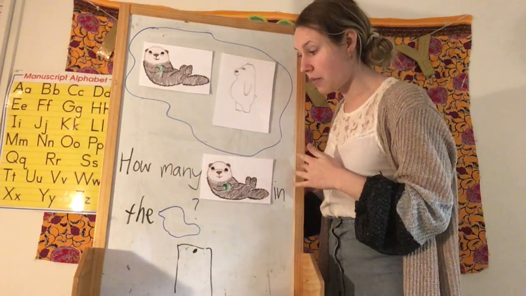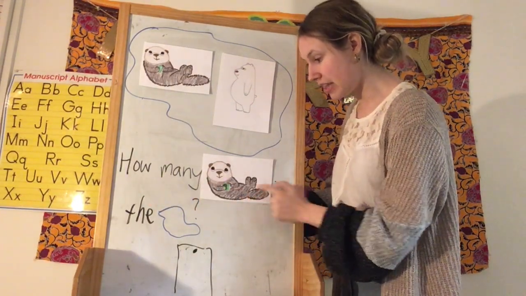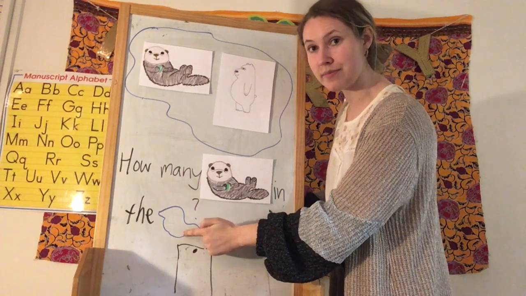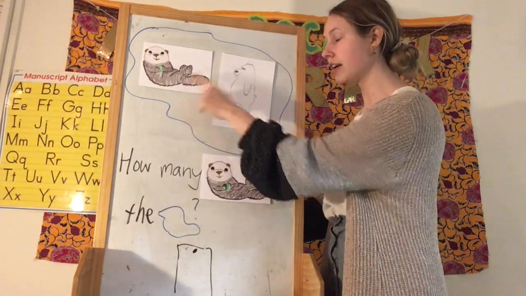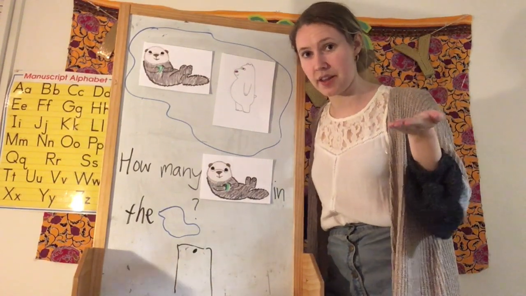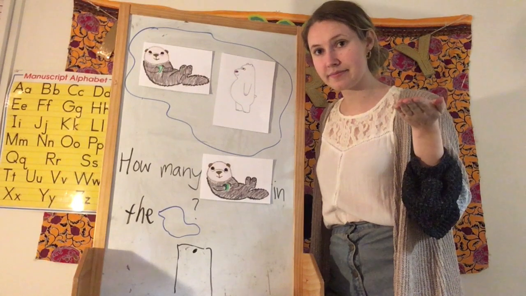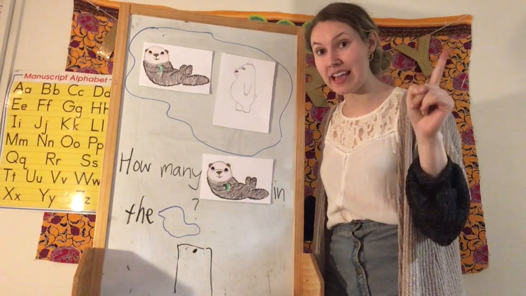Now let's look at our question. It says, how many otters in the lake? Now let's look at our lake. I see an otter and a polar bear. How many otters are in the lake? One, just one otter in the lake.